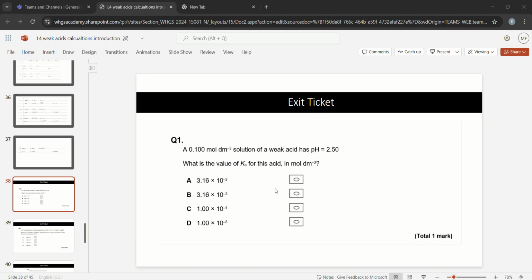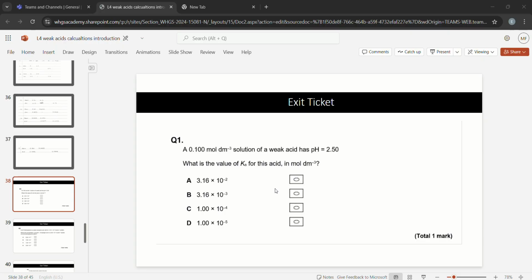I feel like that's the only way I can do it. So H plus is square root of Ka 10 to the power minus 9.40 times by HA 0.010. That's H plus ions.